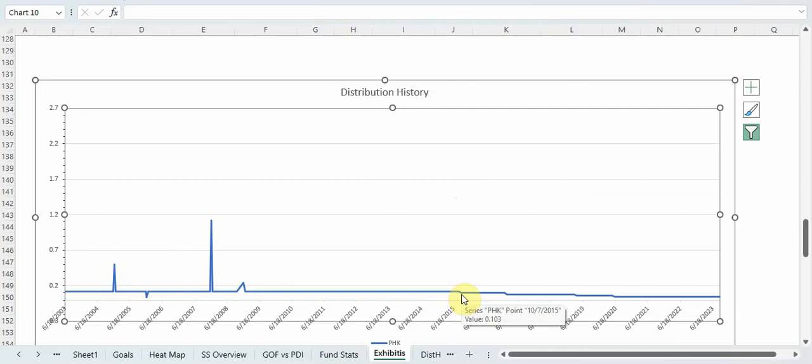Which actually isn't a very small cut, and even a cut in GOF's distribution from 18 cents to 17.5 cents represents a 3% cut, which isn't humongous, but it isn't small. And if it turns into a trend where a small cut is instituted every couple years or so, as is the case with PHK, before you know it, you've lost more than 50% of your distribution.